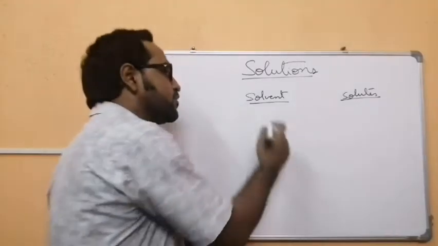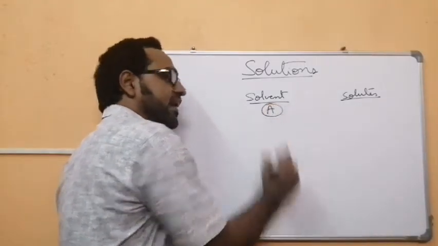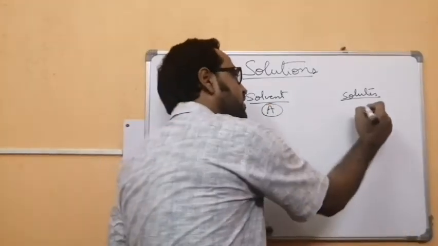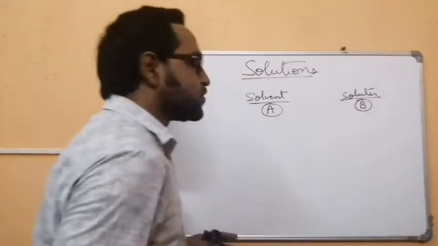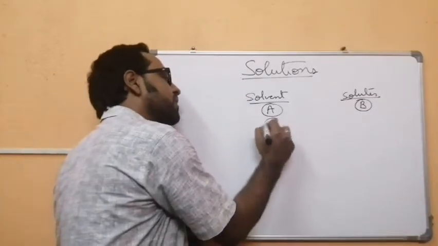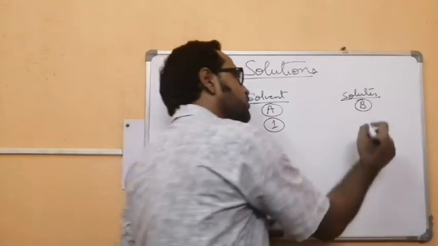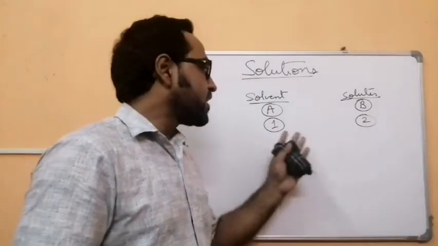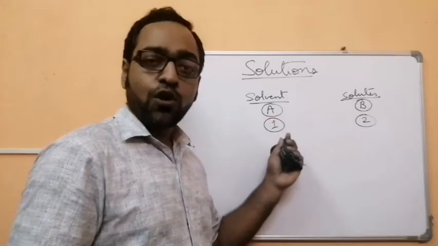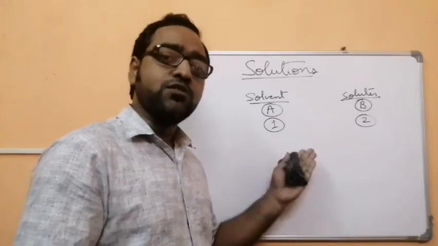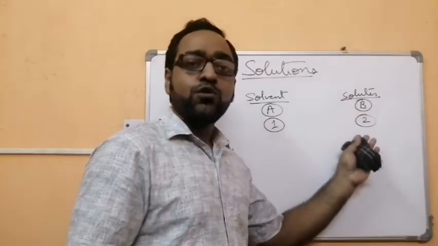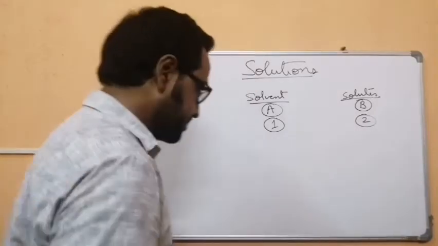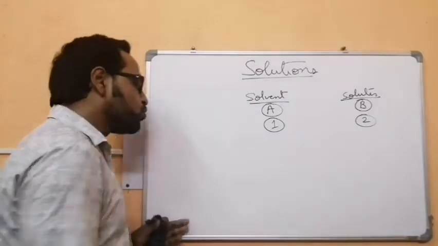The solvent is usually denoted by component A and the solute by component B. The solvent is also denoted by component 1 and the solute by component 2. So in our discussion, whether I write A or 1, it means solvent, and B or 2 means solute.